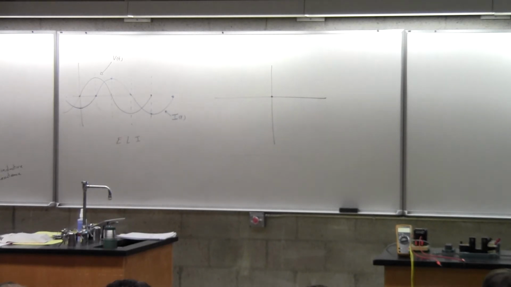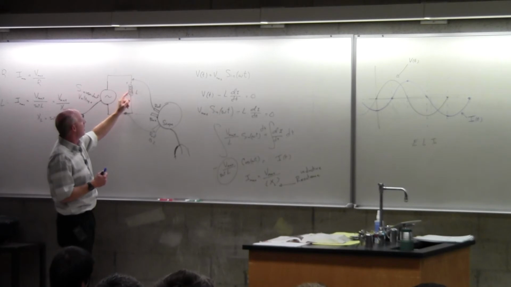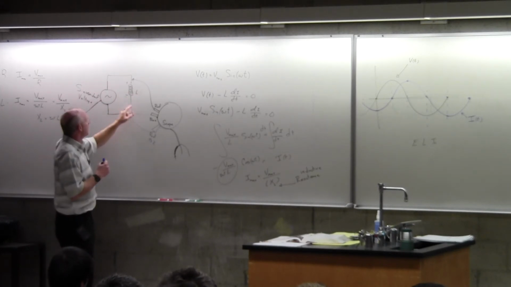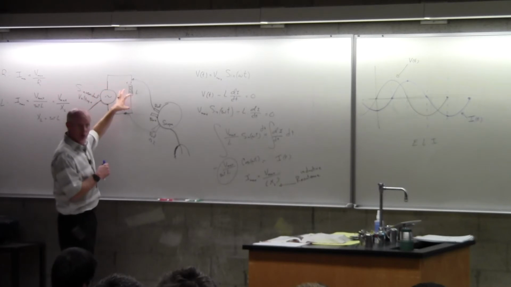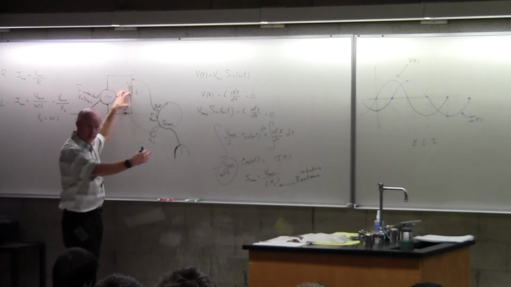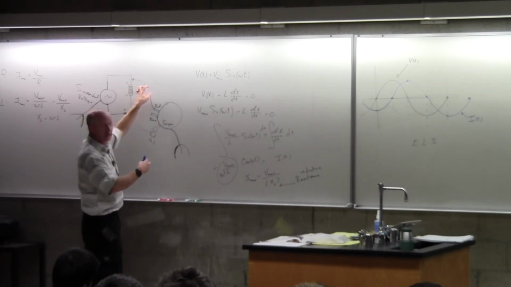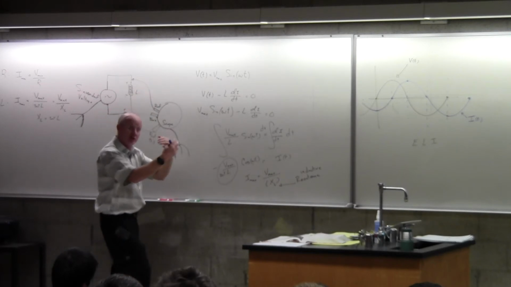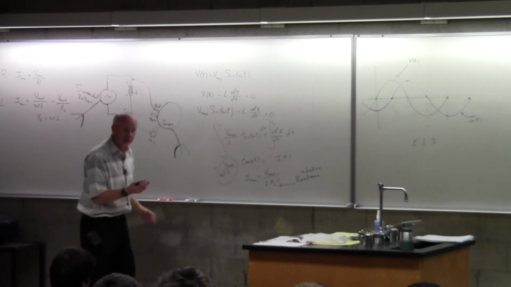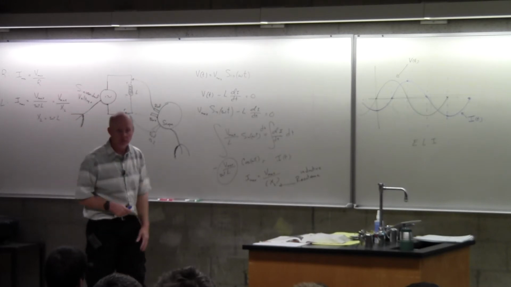If I had another coil next to it, then the voltage from here would go through here. I would not get current till 90 degrees later. That current then would make the flux that induces a voltage, which is 90 degrees behind that. So the induced voltage in the secondary is 180 degrees out of phase with the primary.